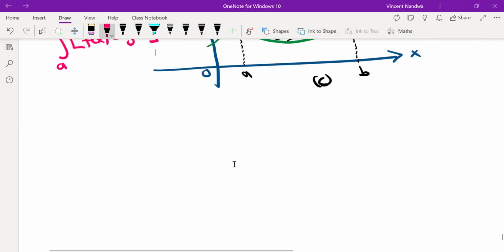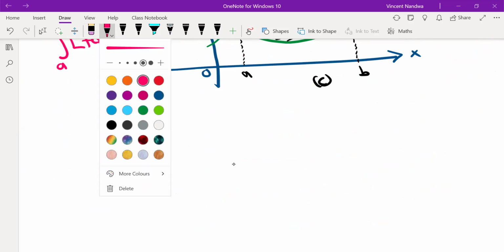So let's give an example to illustrate how you need to work with problems of this nature.